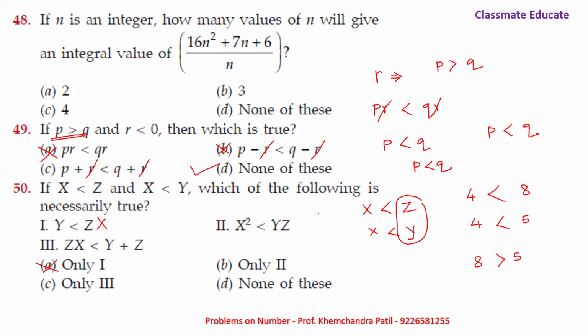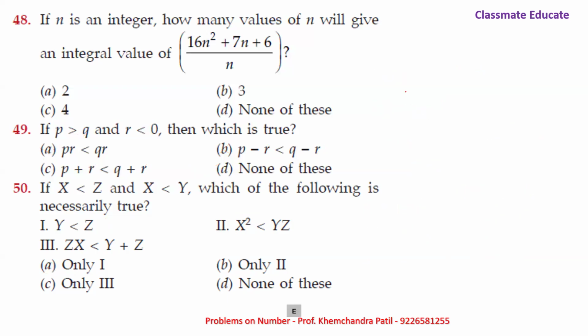Now X squared, if you multiply, X squared is also less than Y into Z. Now if you take this, the product of these I took, 4, 4 4s are 16. And if I am taking the product of this, it is 40. Now try to check it in all the situations. Suppose I am saying minus 4 is less than 2 and minus 4 is less than 1.